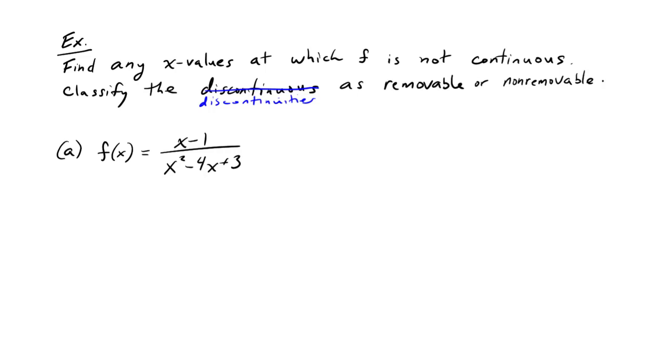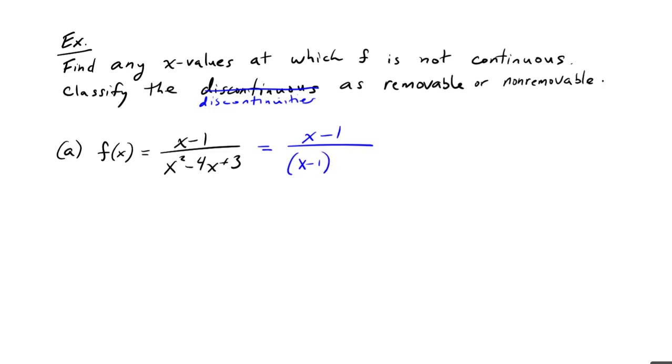All right, so basically, with discontinuities here, I'm going to primarily look for places in rational functions where they're not defined, and I'll generalize that coming soon. So let me look at this factored.